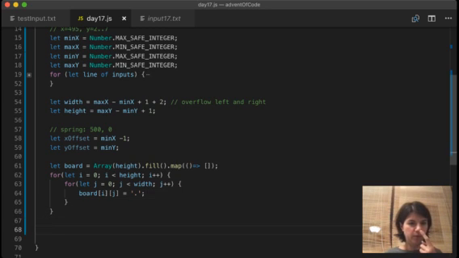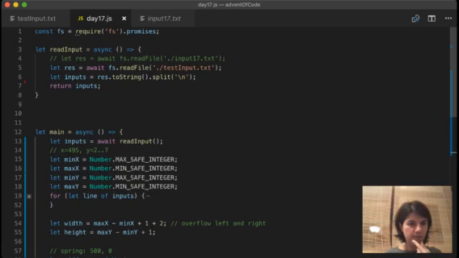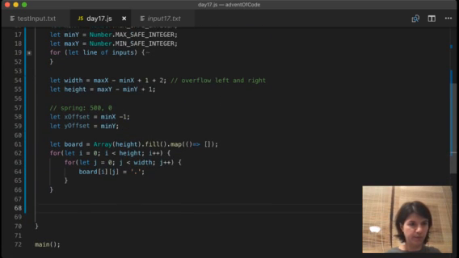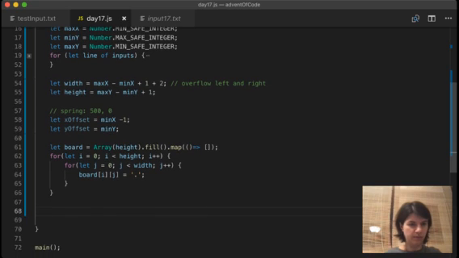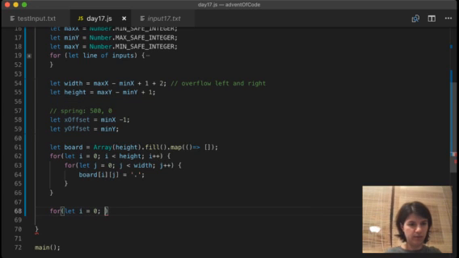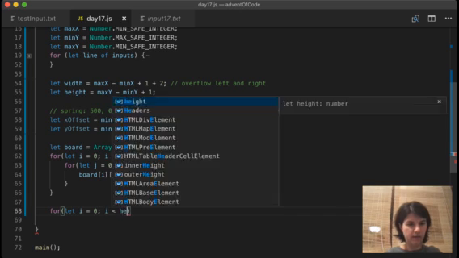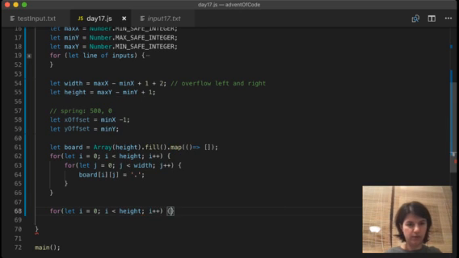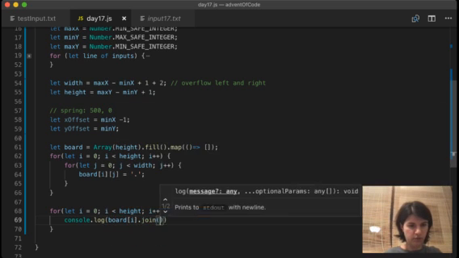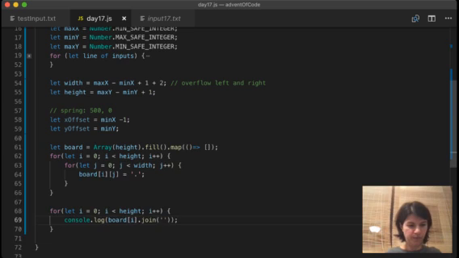I think now we have to go through these inputs again and add all the clay to it. Let's print the board just to make sure it has the right dimension. So for let i is equal 0, i is less than height, i goes up, console.log board of i join.